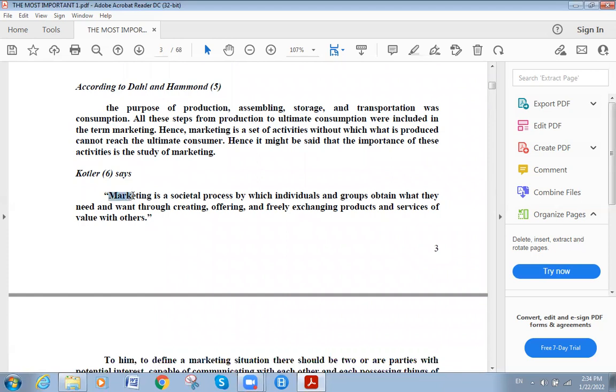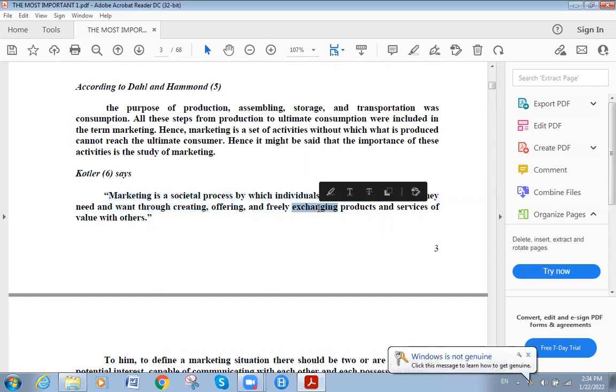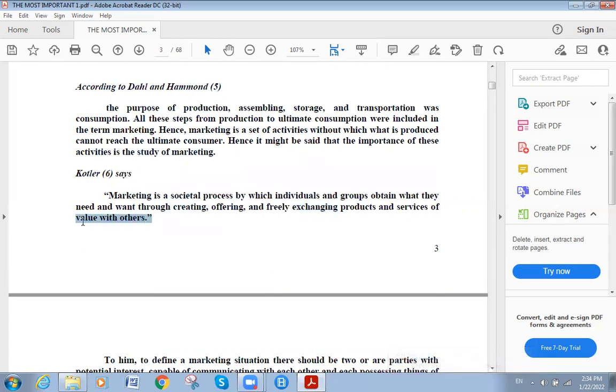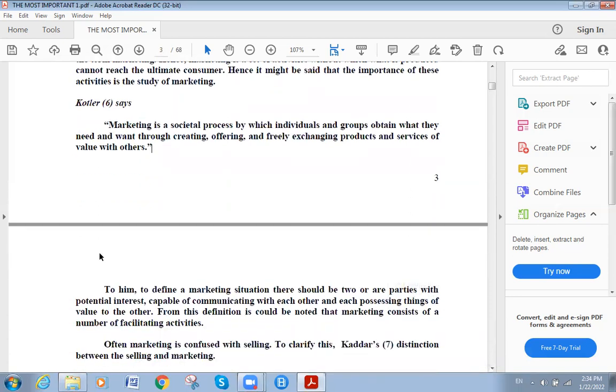Kotler says marketing is a social process by which individuals and groups obtain what they need and want through creating, offering, and fairly exchanging products and services of value with others. I will stop at the word exchanging here. This is very important, because we said marketing is creating value within a process of exchange.